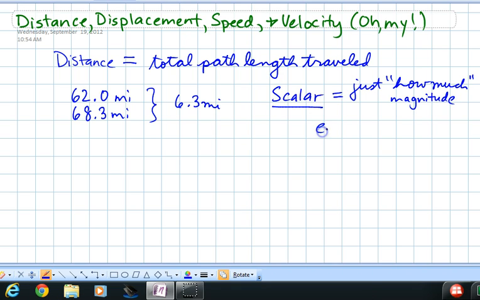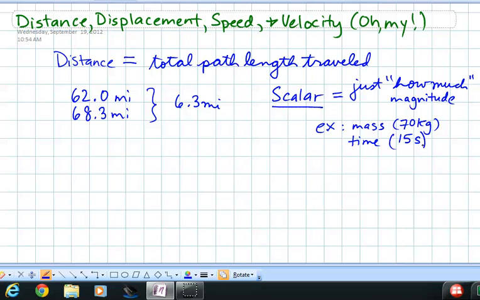Other examples of a scalar could be mass. Okay, I have a mass of 70 kilograms. Maybe time is another example of a scalar. So maybe 15 seconds. Okay, so these are quantities that just have magnitude.